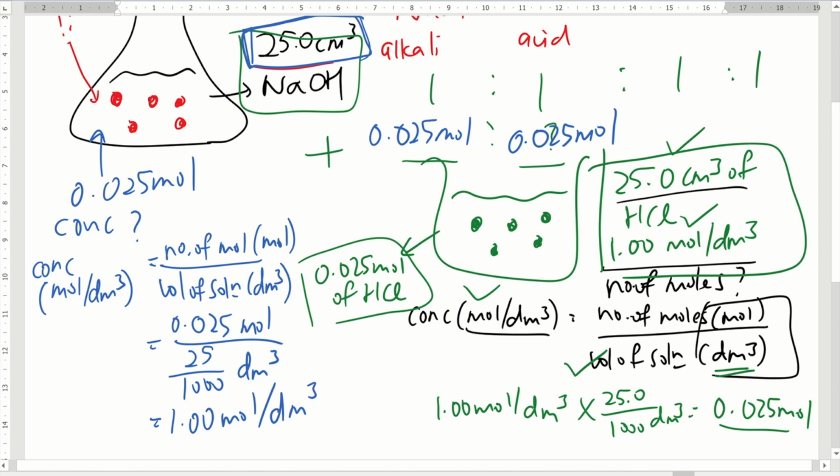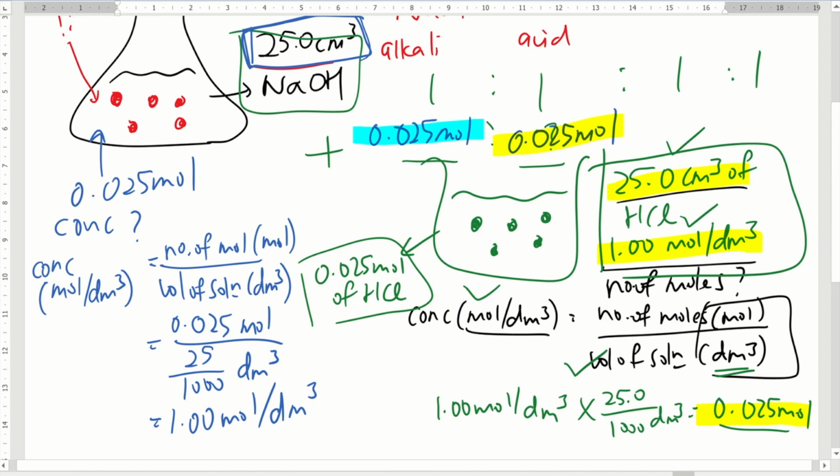So from HCl, I realized that I need 25 cm cube and I know the concentration. From this known volume and known concentration, I calculate the number of moles of my acid, which is 0.025. I use the mole ratio and notice that the alkali is 0.025 moles.